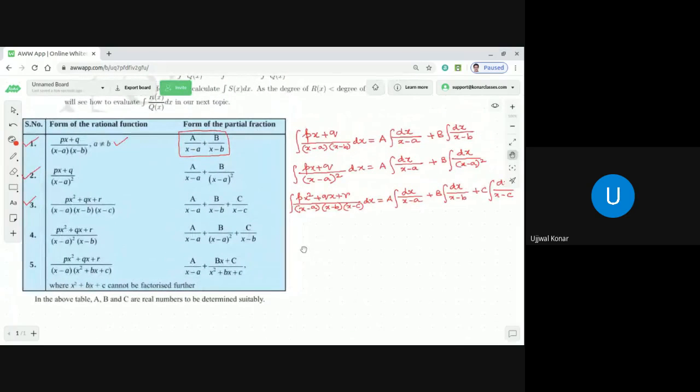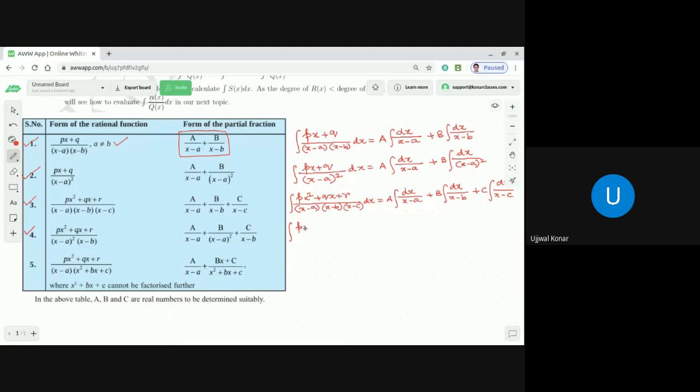Correct? Yes. Now let's come to point 4. Point 4 is that when you find that the numerator polynomial is a quadratic one, and the denominator polynomial is a cubic one, but in a slightly different expression, that is, here it is (x minus a) whole square into (x minus b). Correct? In this case, how will we perform the integration?